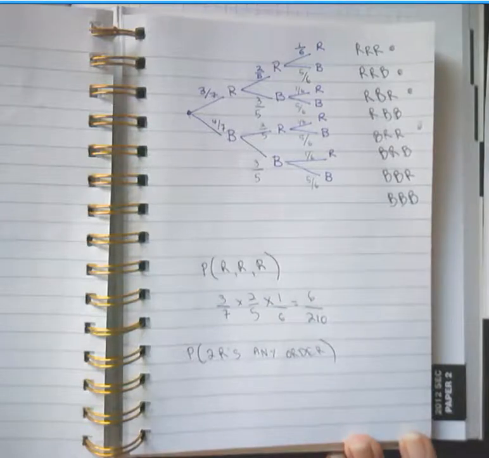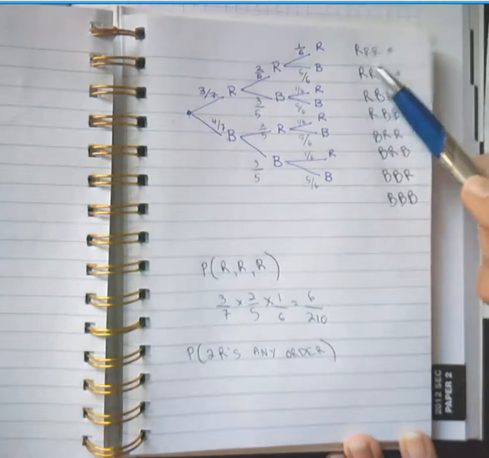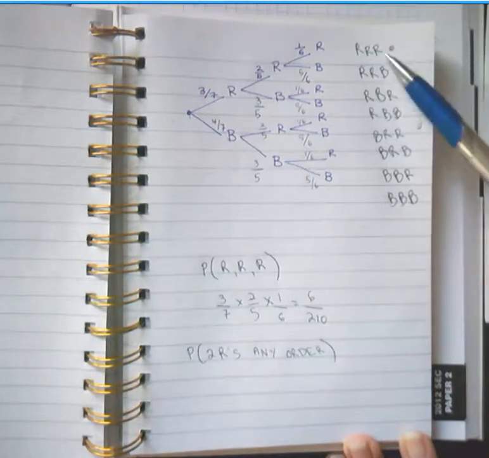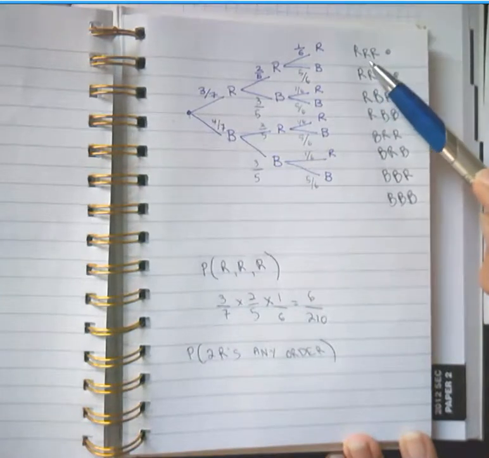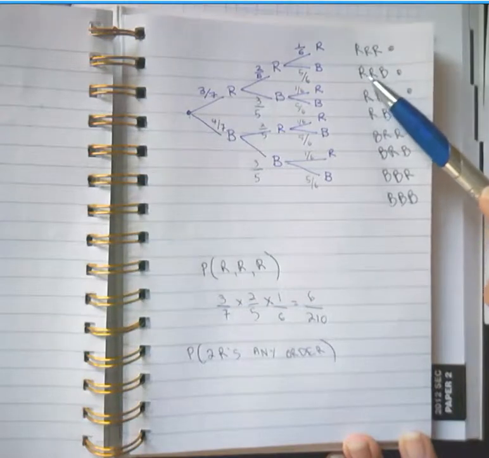For that, you would have to work out the probabilities for each. So you would go probability of R, R, B plus the probability of R, B, R.